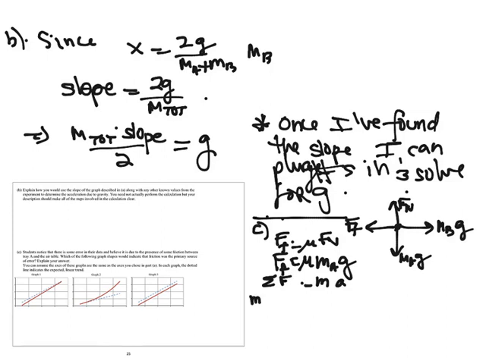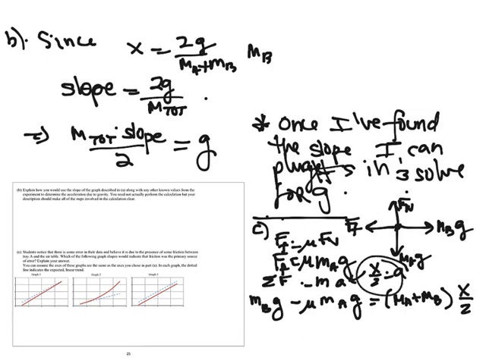And now we have MBG minus mu MAG is equal to MA plus MB times a, or times x over 2. Okay, because remember we solved for x over 2 is equal to a. I'm still using that, that's still valid.